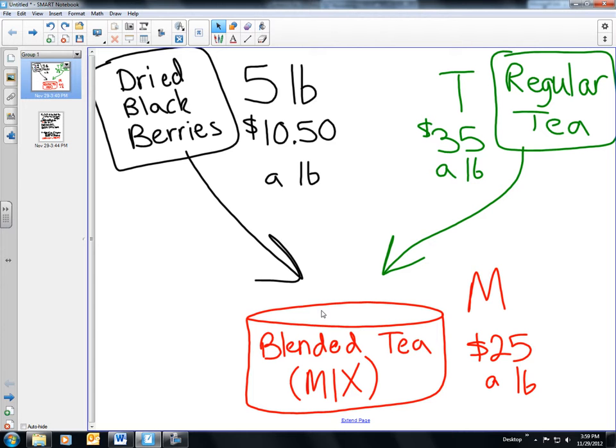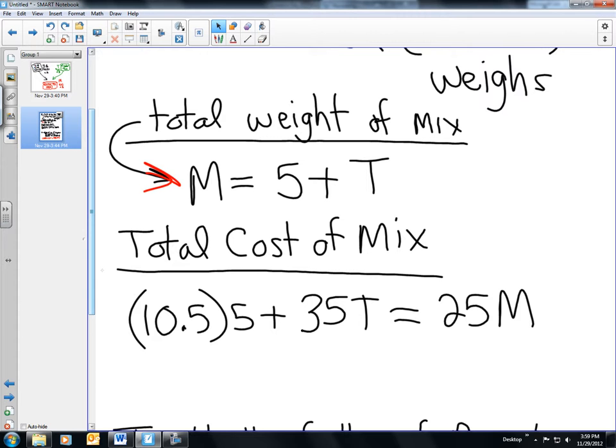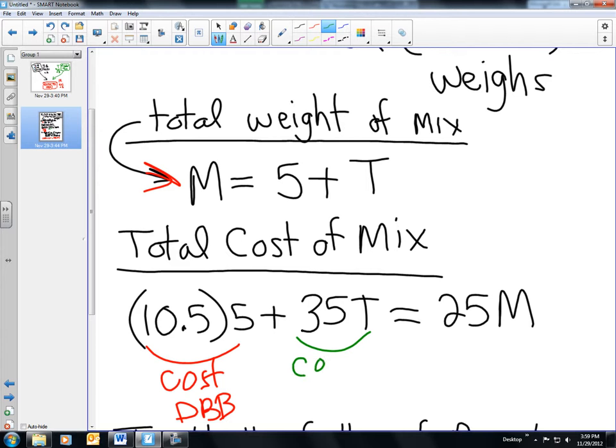So let's look at the equation here for total cost. The total cost should be 10.5 times 5, which is going to be the cost of just the dried blackberries, and then this is going to represent the cost of just the regular tea.